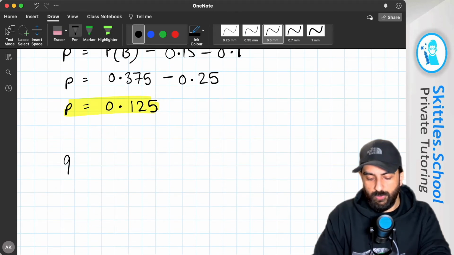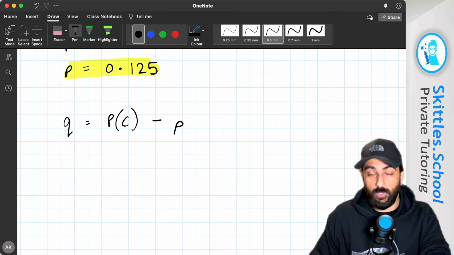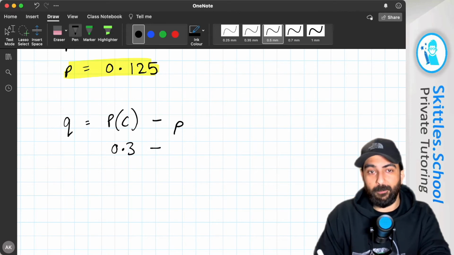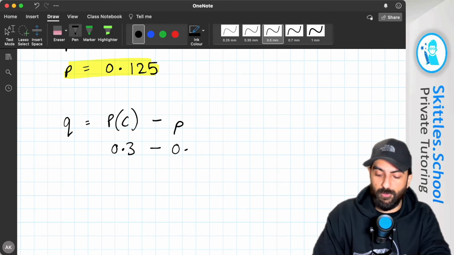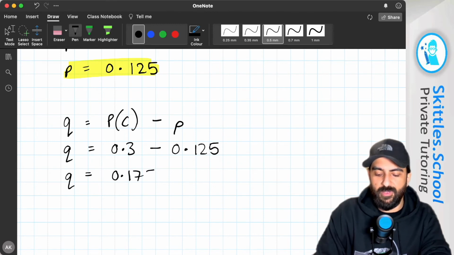So Q is equal to the probability of C subtract the P that we worked out. We were told the probability of C is 0.3, and we worked out P, which is 0.125. Therefore, Q must equal 0.175.